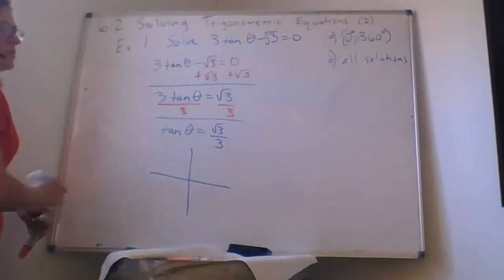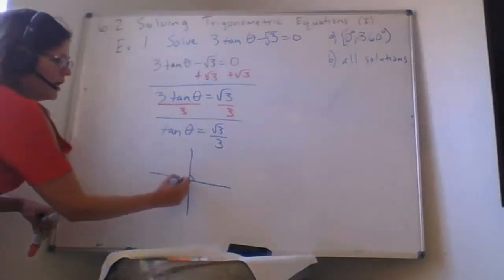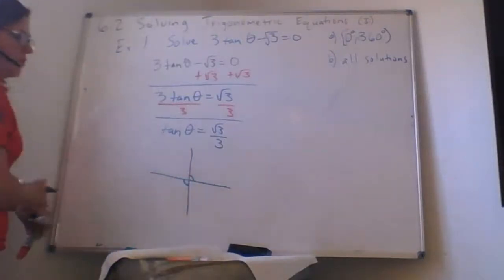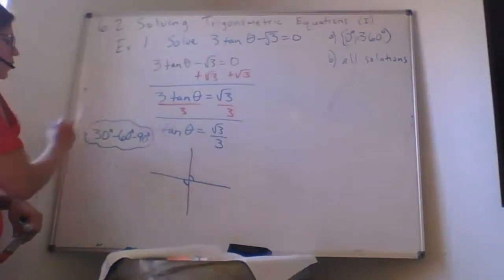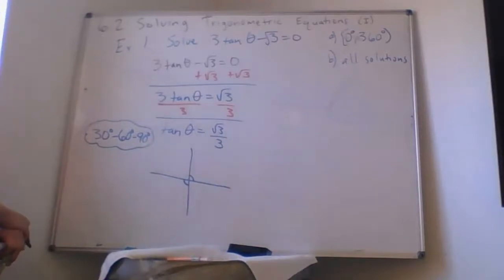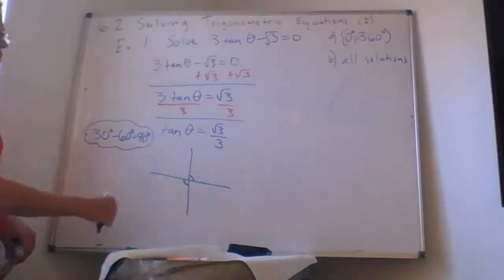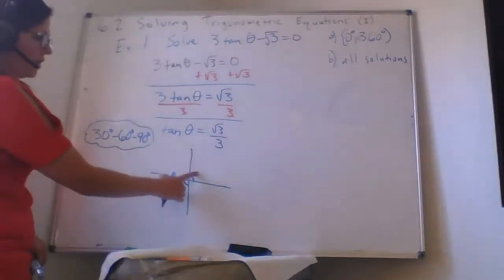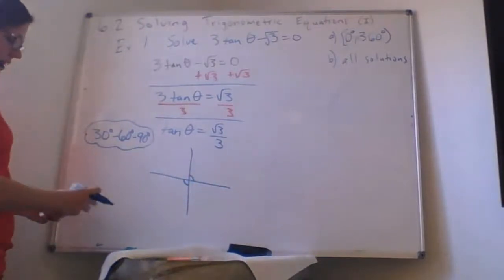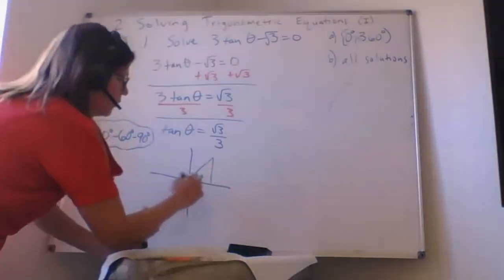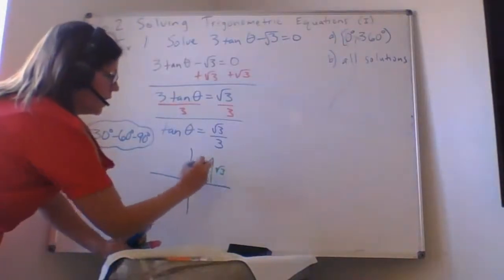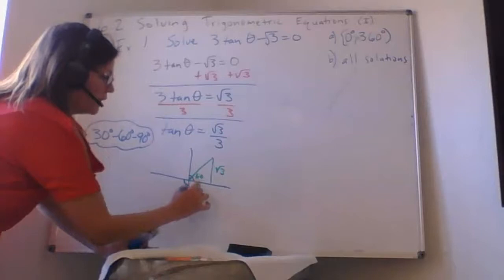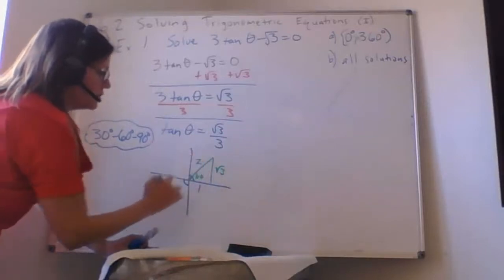Tangent of theta is positive in quadrant 1 and it's positive in quadrant 3. Because of the rad 3, that gives us a hint that it's going to be a 30, 60, 90 triangle. We could try our reference angle being 60 degrees and see if that works. With 60 degrees, opposite the 60 is going to be rad 3, the smallest side will be 1, and the hypotenuse will be 2.